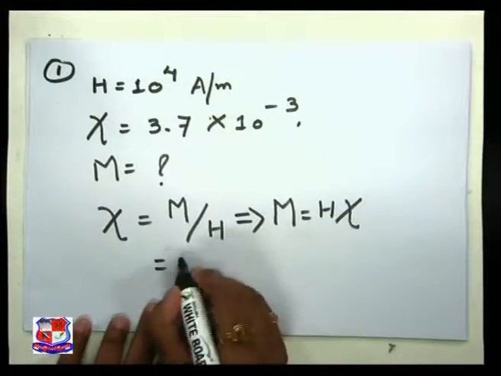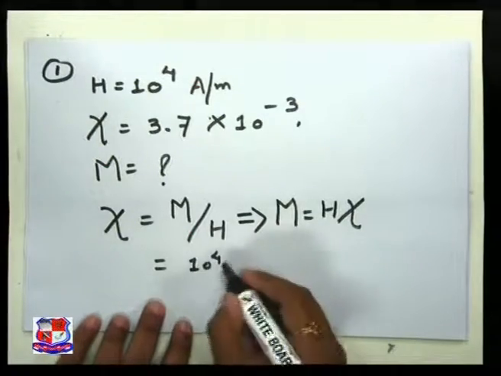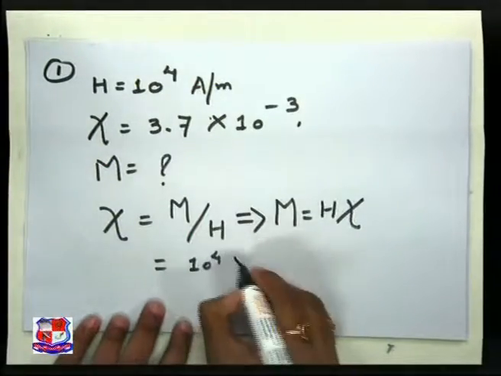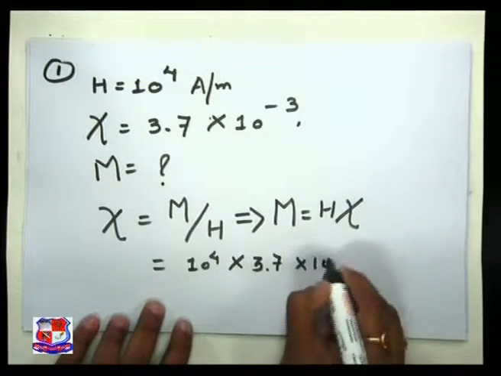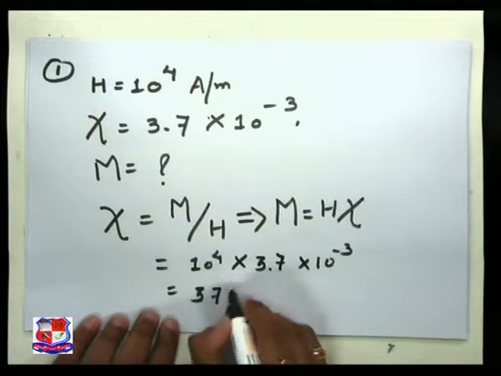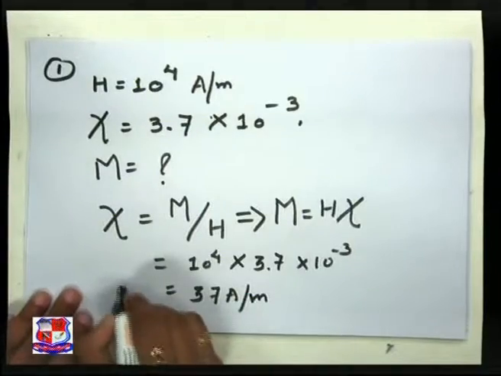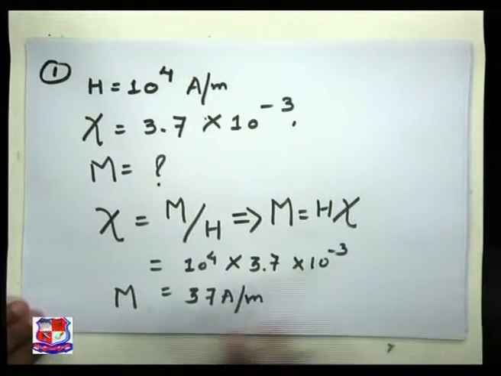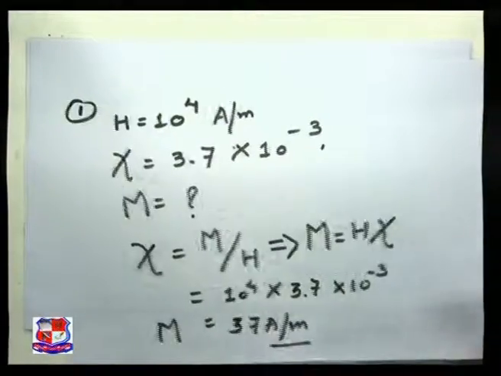Substituting the values, H is 10 raised to 4 ampere per meter and chi is 3.7 into 10 raised to minus 3. So the answer is 37 ampere per meter. Since magnetization's unit is ampere per meter, don't forget to write down the unit. Now we will move ahead to the second example.